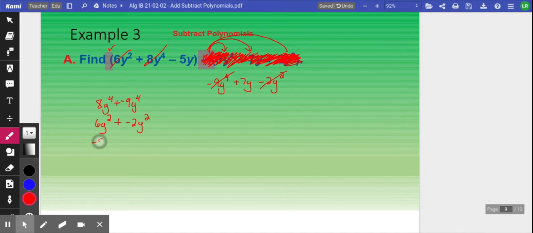And -5y gets added to 7y. Go ahead and add these up. I would get -1y to the fourth. I like to write it like that, though you can put the -1 there itself. 6y squared plus -2y squared, that'd be +4y squared. And -5y plus 7y is +2y.